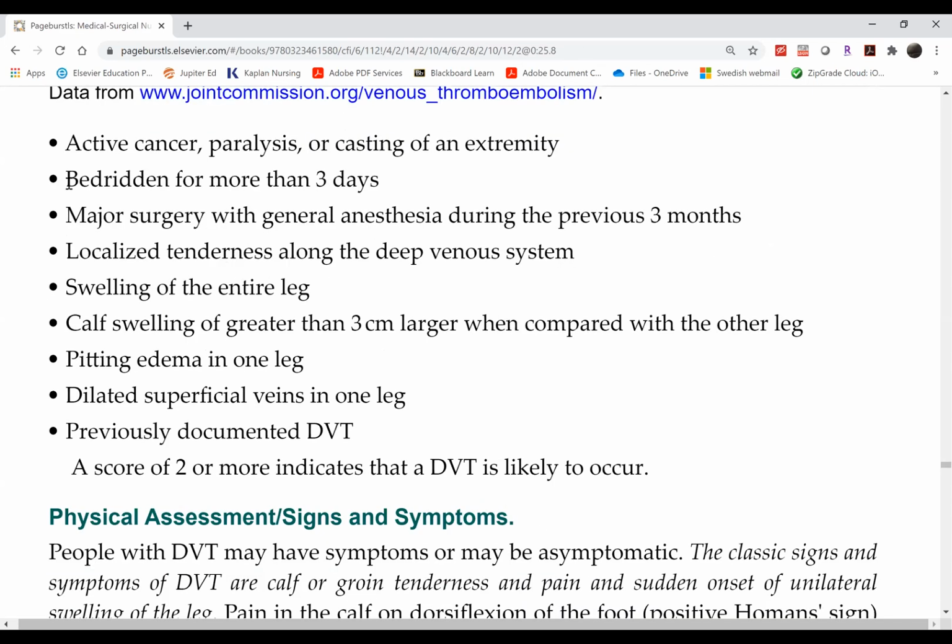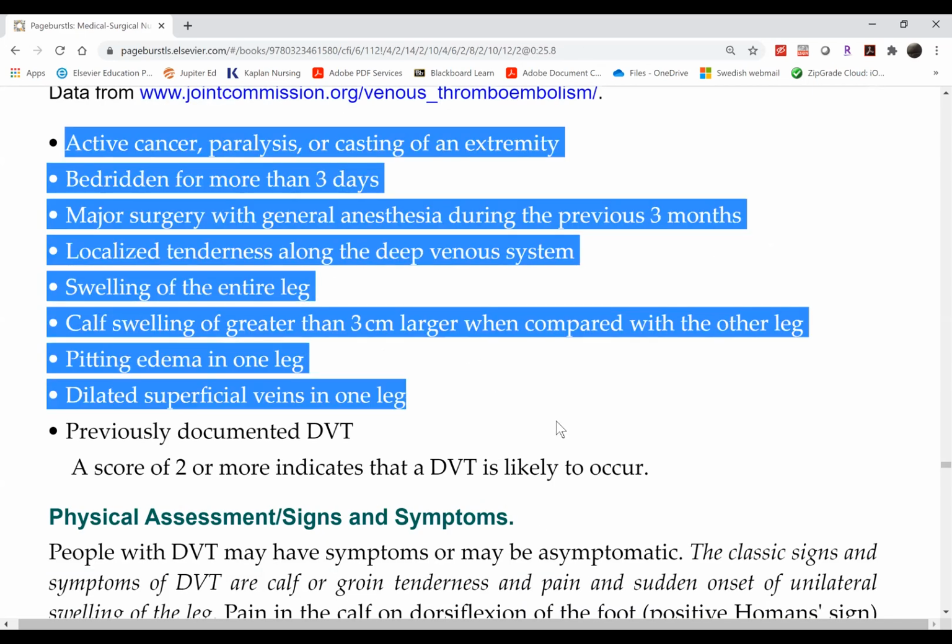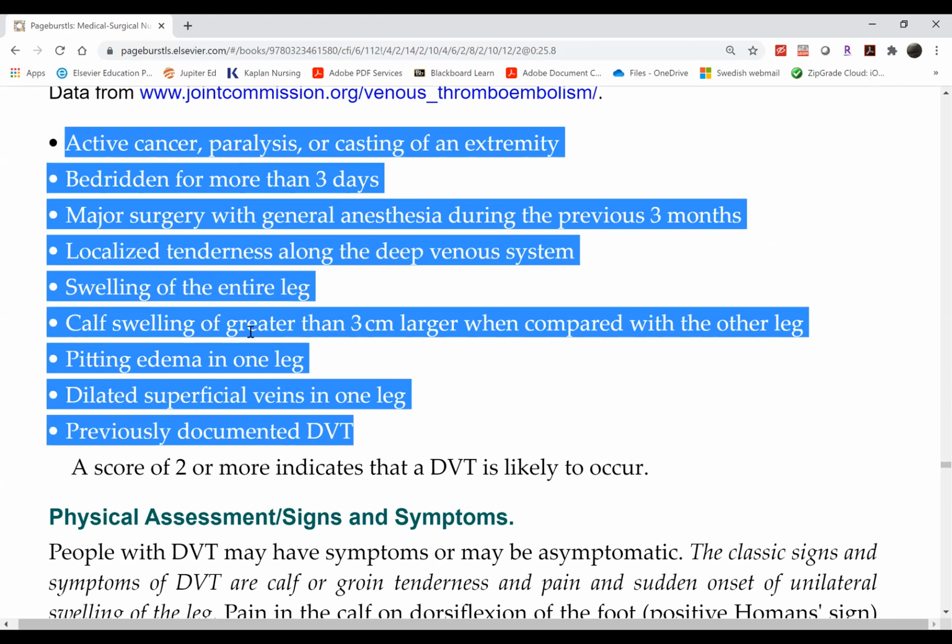Here are other risk factors. They again fall under the three triad, the Virchow's triad. So these, for example, cancer is hypercoagulability, bedridden, that's venous stasis, major surgery, that's endothelial injury, etc. All right. So all of these increase the risk of DVTs.